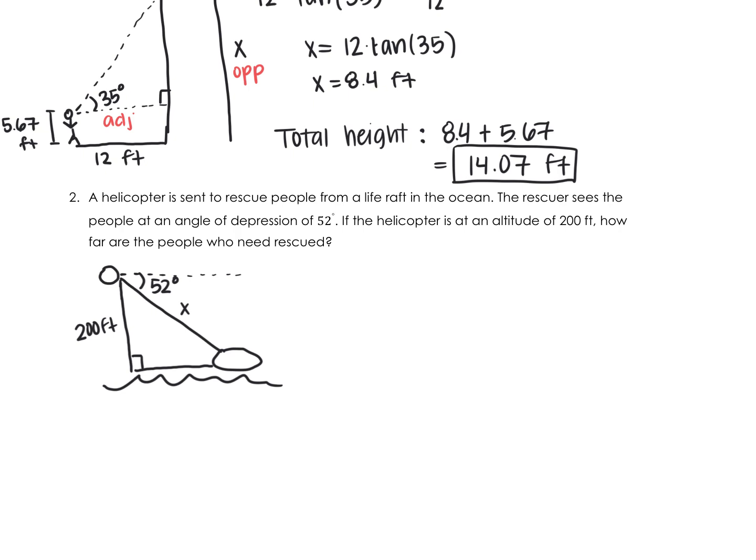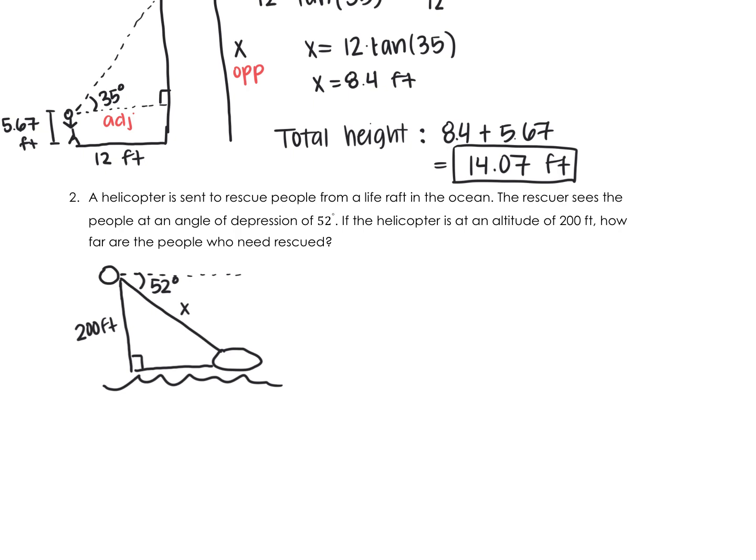So when you have an angle of depression, it is technically outside your triangle. And if you remember back to parallel lines cut by a transversal, you can think of our hypotenuse as our transversal, and our horizontal line of sight, and then our ocean as our parallel line.